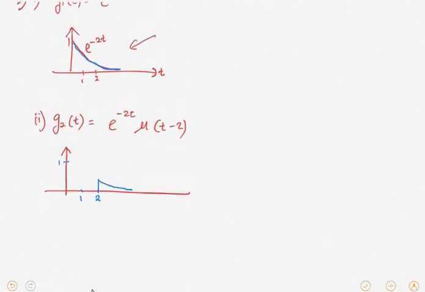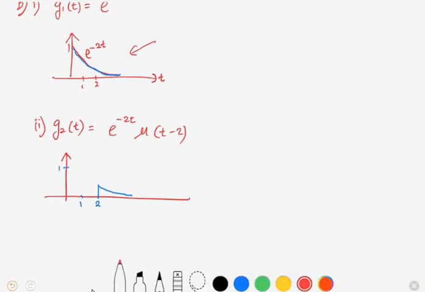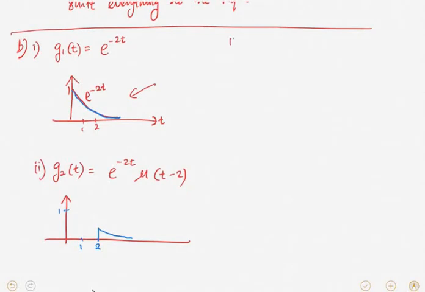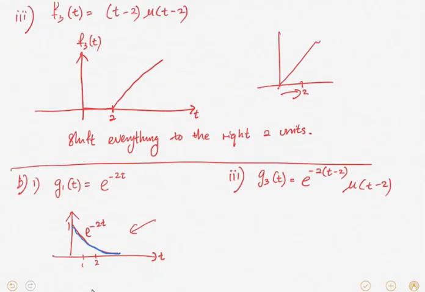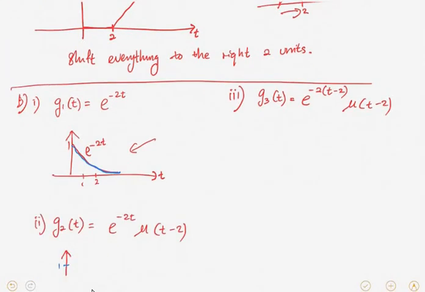Okay, now let's look at the third example. If you have a graph like exponent negative 2(t-2), and then u(t-2), it is quite similar to this one, in which it shifts everything to the right. (t-2) shifts everything to the right by 2 units.